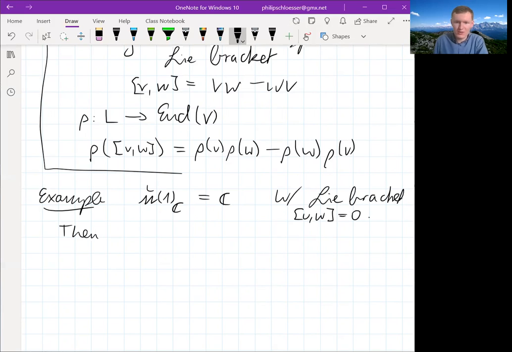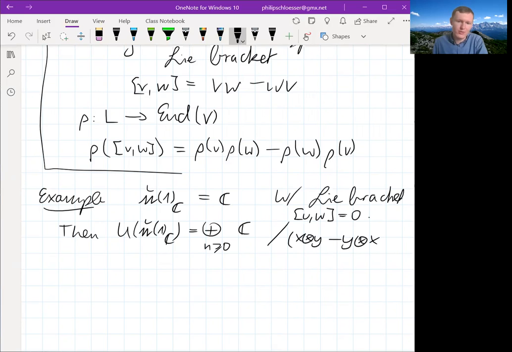Then, just by formally looking at the definition, the universal enveloping algebra of this thing becomes the direct sum of C infinitely many times, modulo the relation that the product should be commutative.